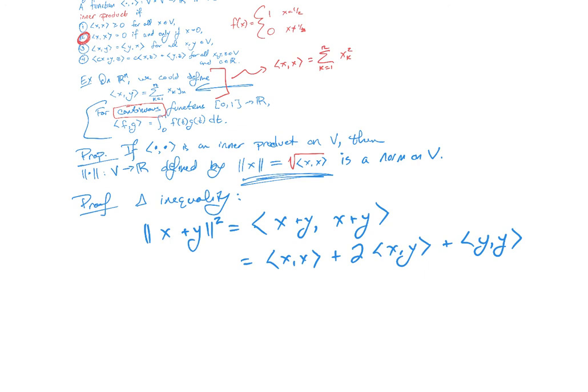Right, and this is why we wanted that. Now, what's that? The square of the norm of x. And the last term is the same. It's the square of the norm of y.